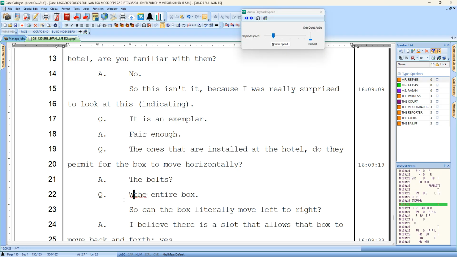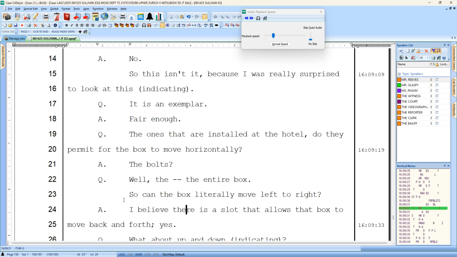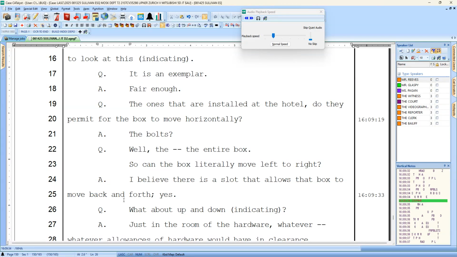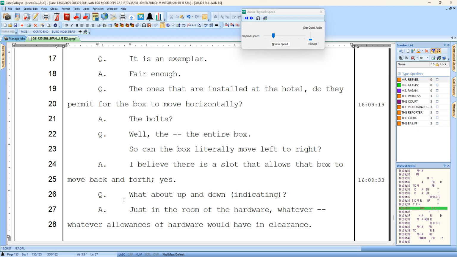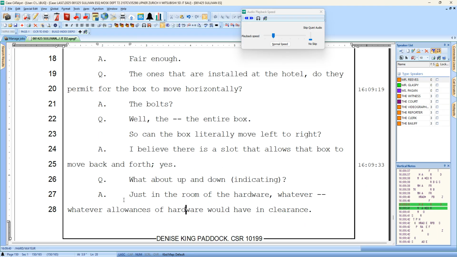Well, the entire box. So can the box literally move left or right? I believe there is a slot that allows that box to move back and forth, yes. What about up and down? Just in the room of the hardware, whatever allowance the hardware would have in clearance.